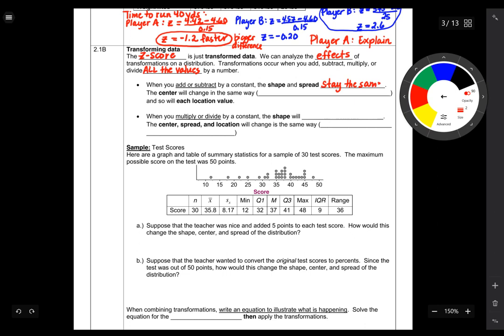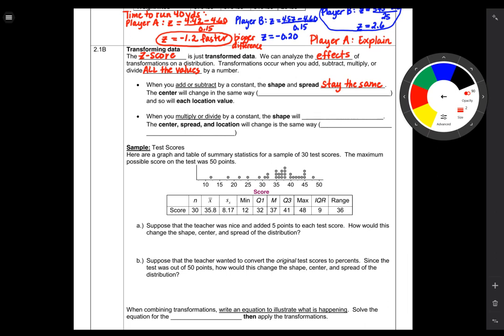So if we have a distribution and it's right skewed and the lowest score is a 4, if you're going to add 5 to each score, that's going to become 9. And the next one is going to be added 5 to it.